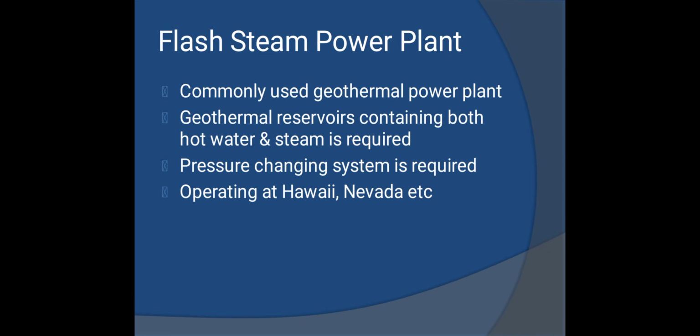Flash steam power plant is commonly used as a geothermal power plant. Geothermal reservoirs containing both hot water and steam are required. A pressure changing system is required. It operates in Hawaii and Nevada, etc. These are the points of the flash steam power plant.